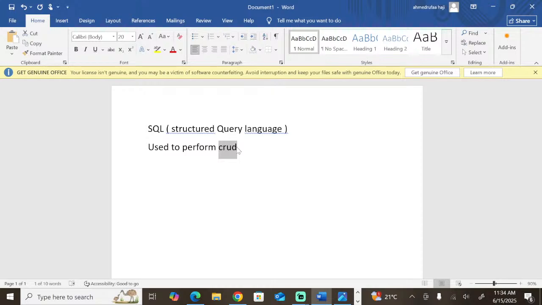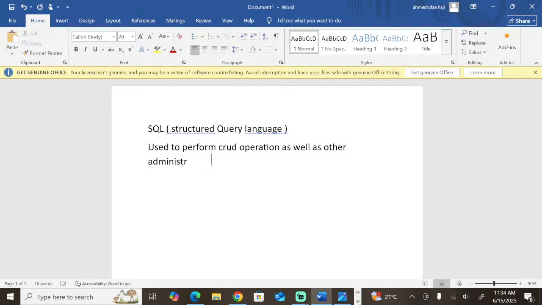So it is used to perform those operations, as well as other administrative tasks.